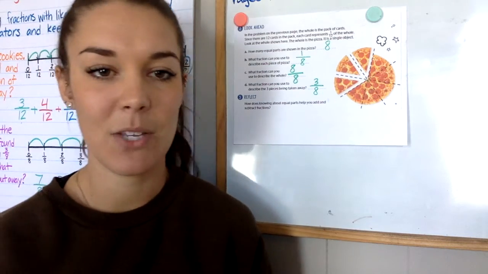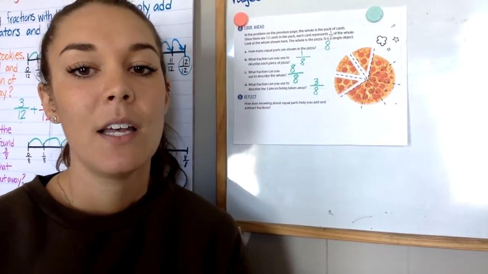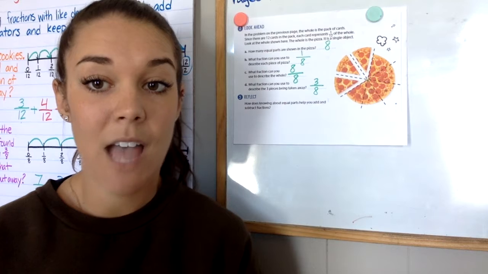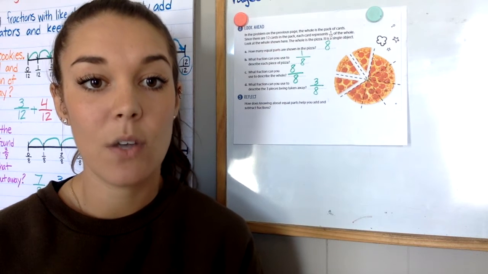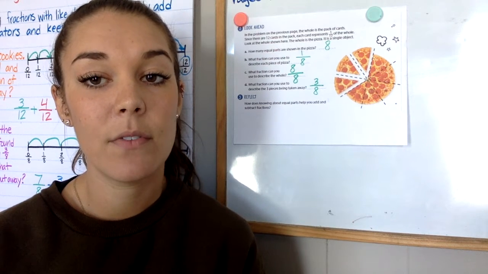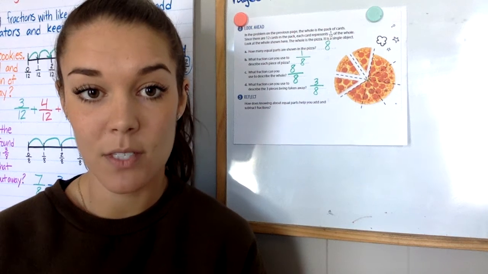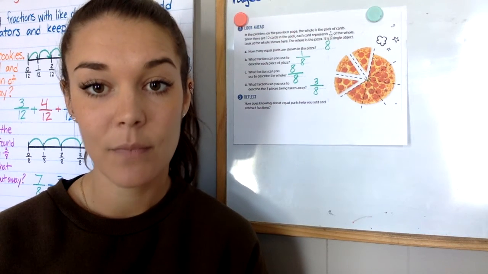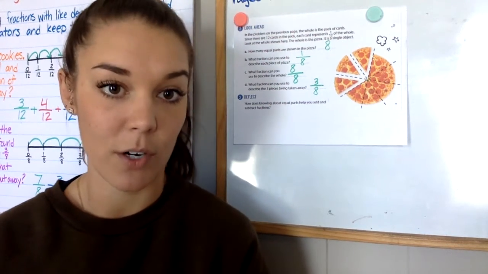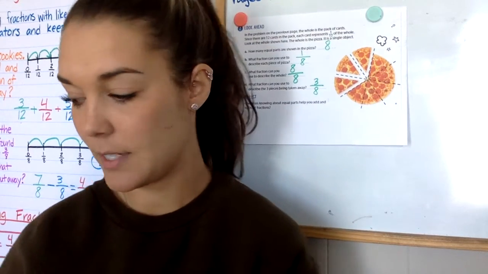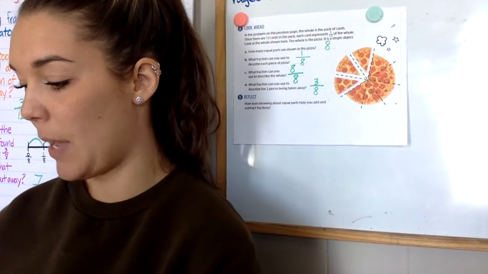I'm not gonna make you write this one, but knowing about equal parts helps us to add and subtract because when you have the same amount of equal parts, so the same denominator, you can simply add or subtract the numerators, right?